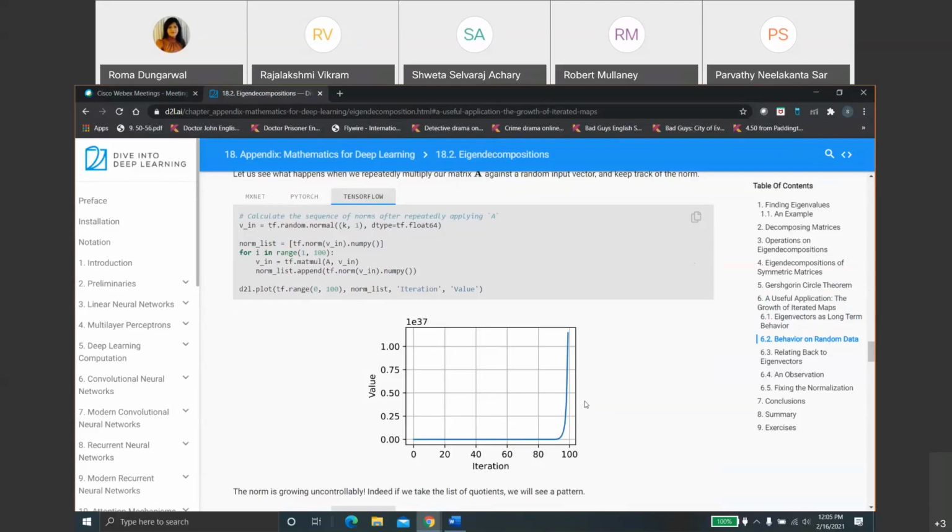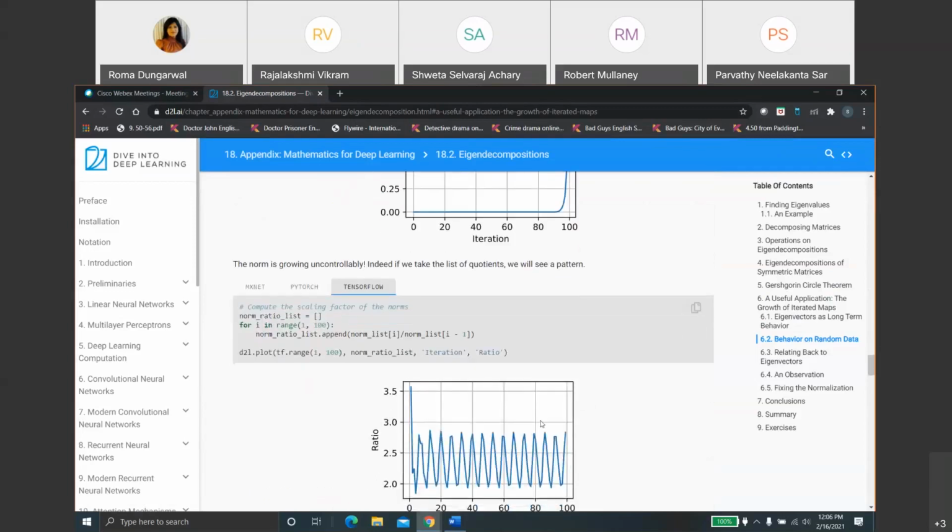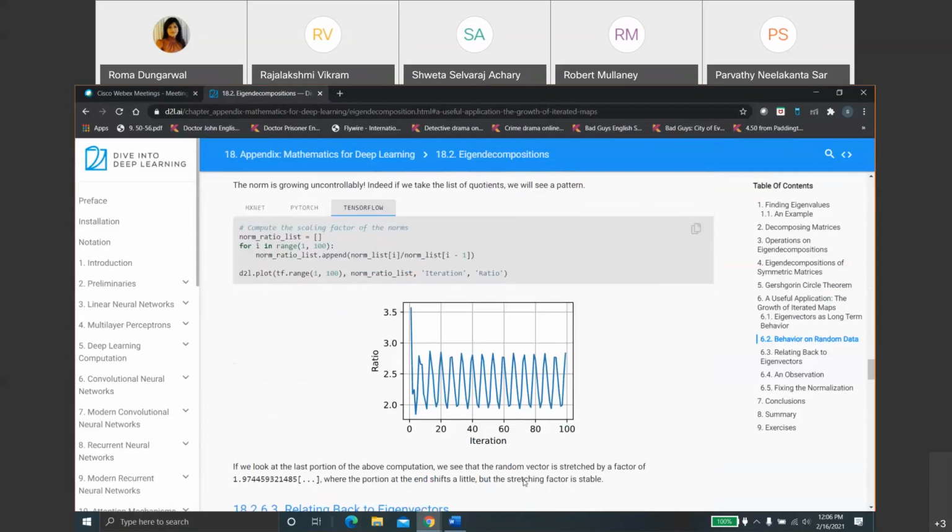When this happens, your model accuracy will be affected, so we don't want this condition. When you find the quotient and plot it, which is the stretch factor by which the vector is stretched in every iteration, you can see it is 1.97. So the vector is being stretched by almost a factor of 2. If the vector size was initially 2, it became 4, then 8, and so on and so forth.